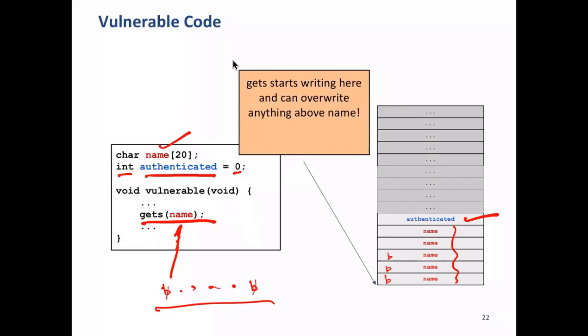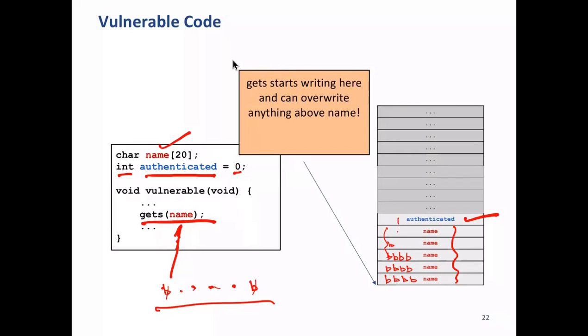You have to calculate how much. B, B, B, B. Each character, let's assume, is 1 byte. And here you put 1.